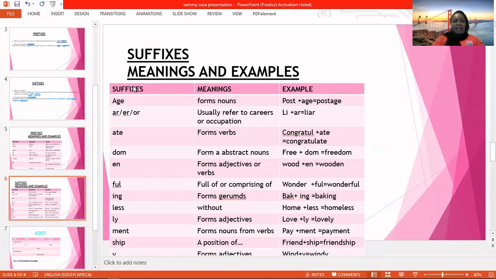AR, ER, OR usually refer to careers or occupations. If we put together lie and AR, it will give us liar. Ate forms verbs.